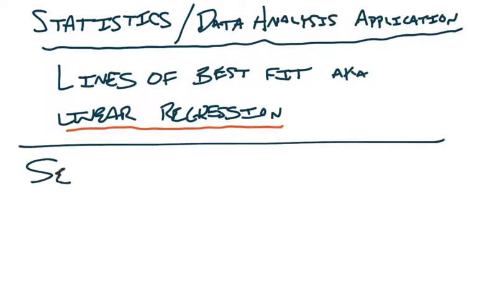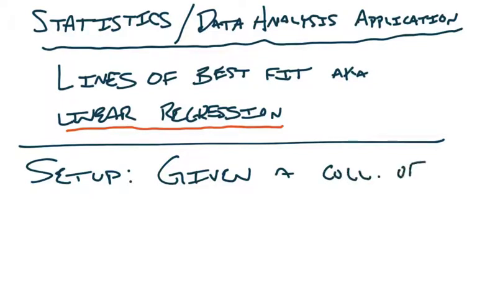So the setup is that you're given some sort of data, right? So given a collection of data, and your data, for simplicity here, we'll just use x, y coordinates. So we won't make it super complicated.